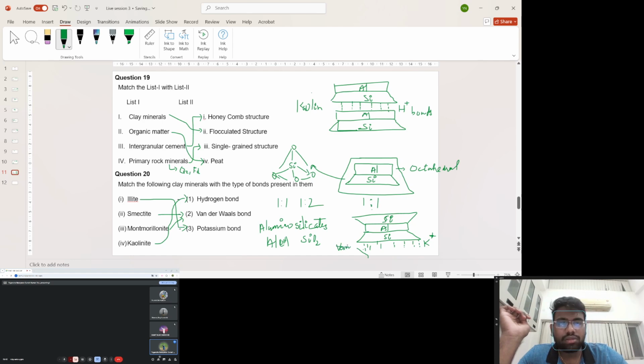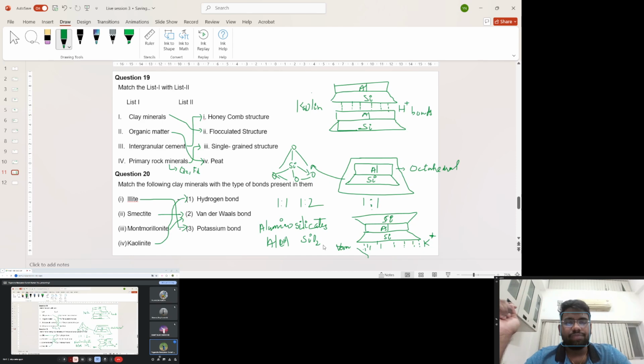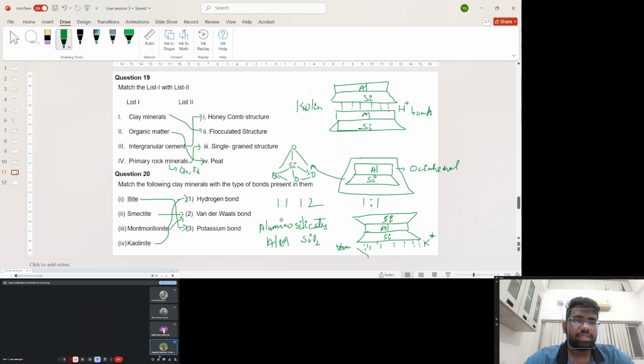Based on the nature of forces, and between smectite and montmorillonite, the aluminum will be partially replaced by magnesium. Now you can understand why XRD is used: based on the type of bonds, the interplanar distance will vary. Understood?